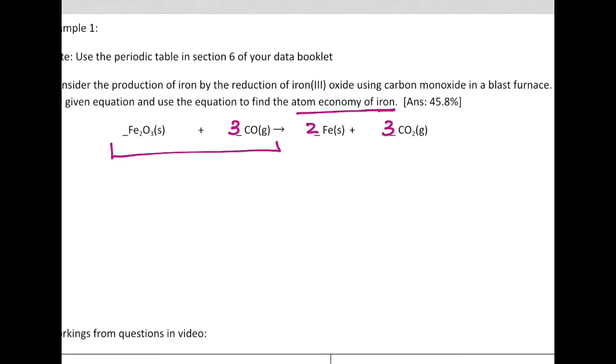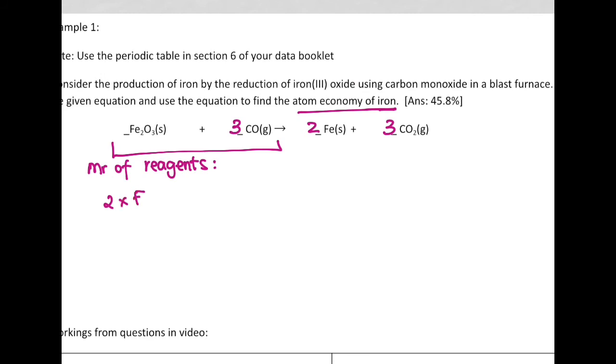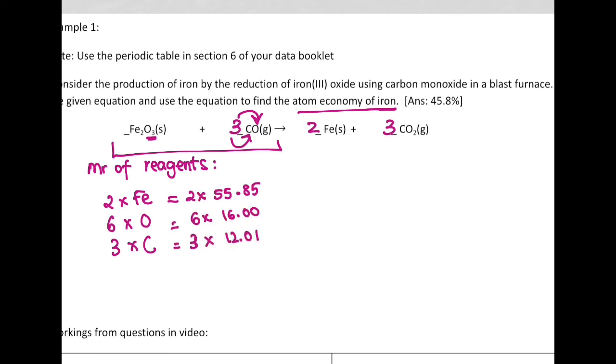Now, we are going to take into consideration the stoichiometric ratios. So here we have 2 Fe, we have 3 oxygen plus 3 oxygen, so 6 oxygen, and then we have 3 carbon. So make use of the periodic table for the AR values. So you add everything up.